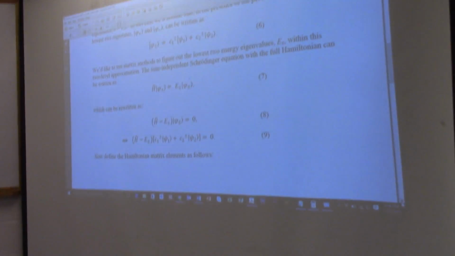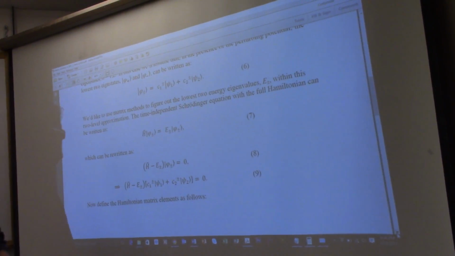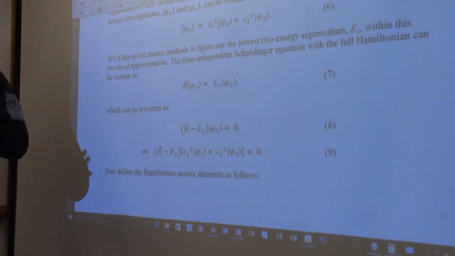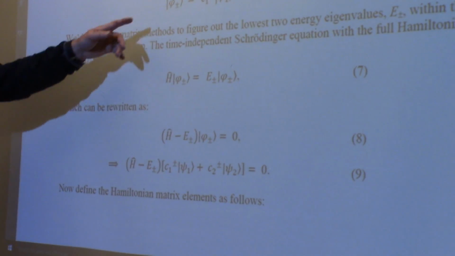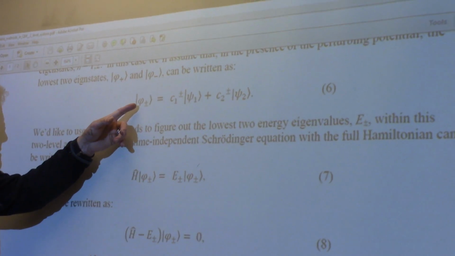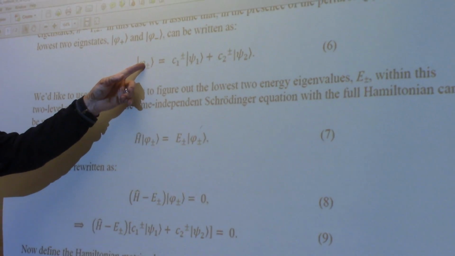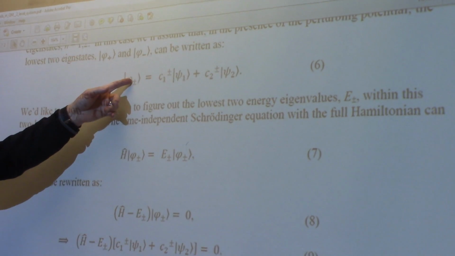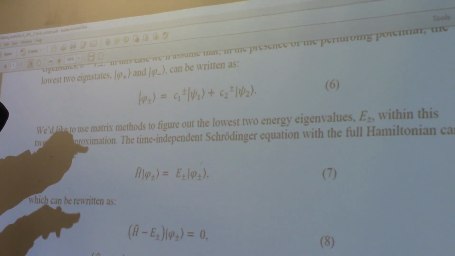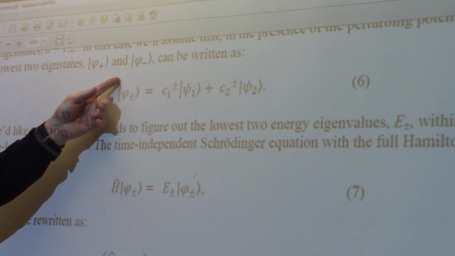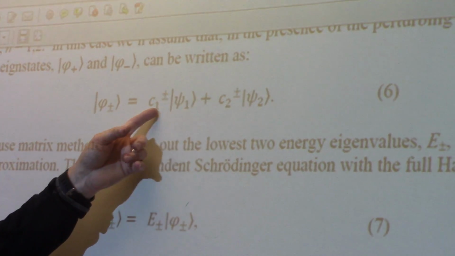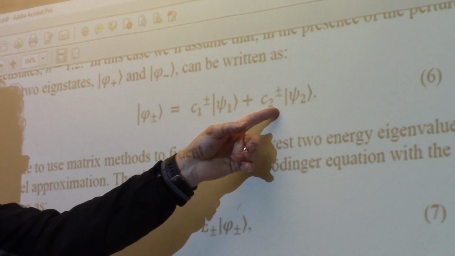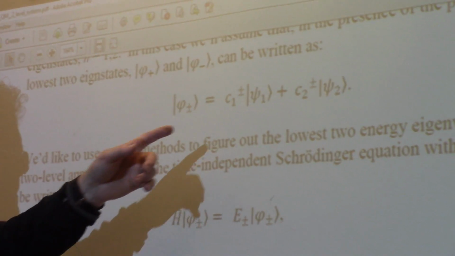Suppose that in the presence of this extra piece of the Hamiltonian, this extra perturbing potential, I now express the states, which we don't know yet. There's going to be two new states for the two-level system. These are unknown, which means we don't know what these coefficients are. And by the way, these are just labels that I'm going to write.